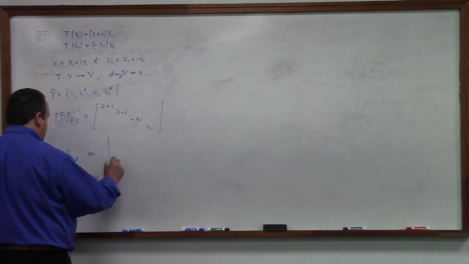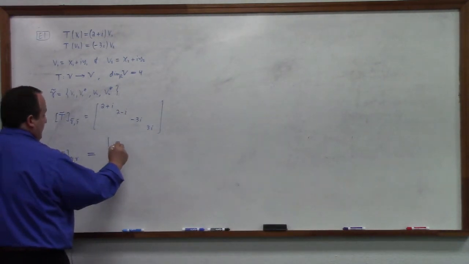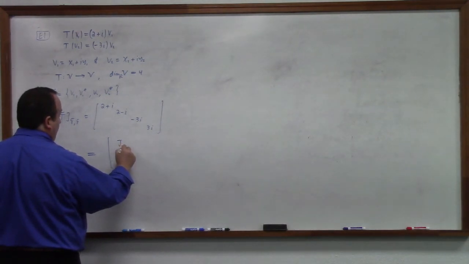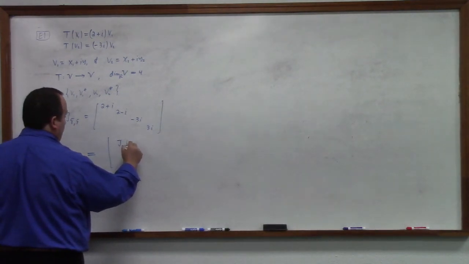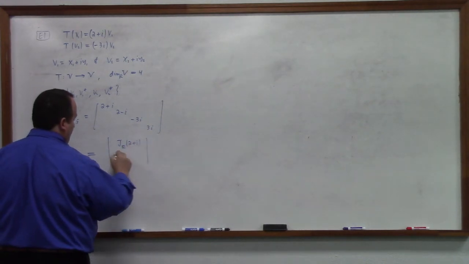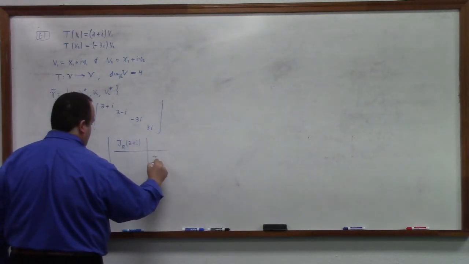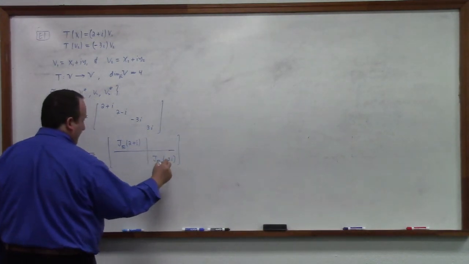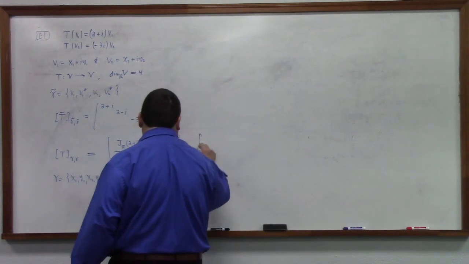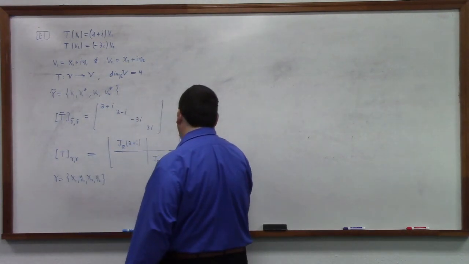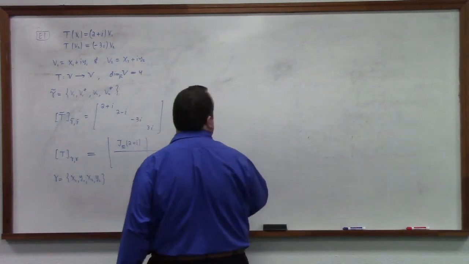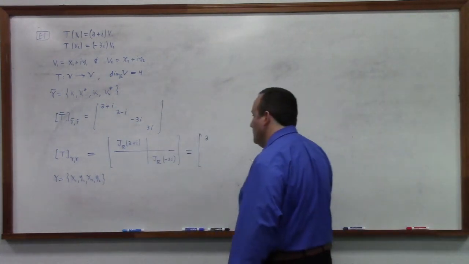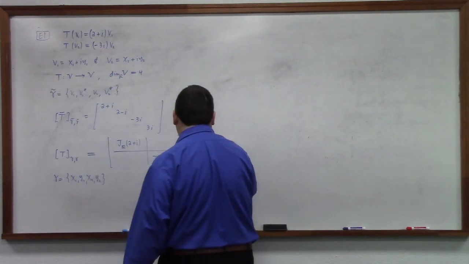And so that's going to give me basically the real Jordan block for 2 plus i up here, and then the real Jordan block for minus 3i down here, which is specifically, I've already forgotten my formula. So 2, 1, minus 1, 2.